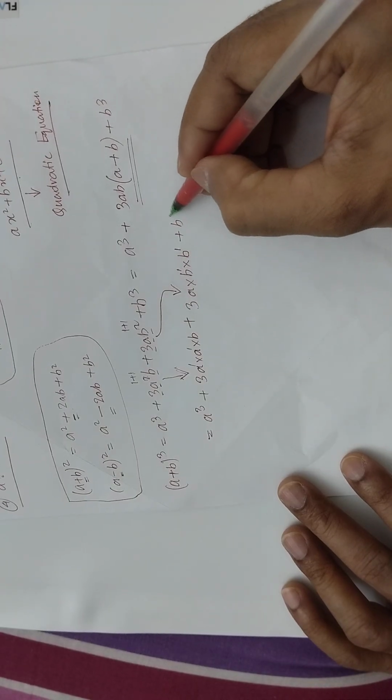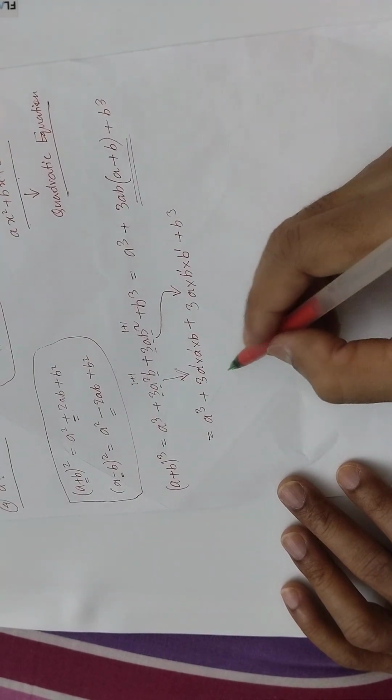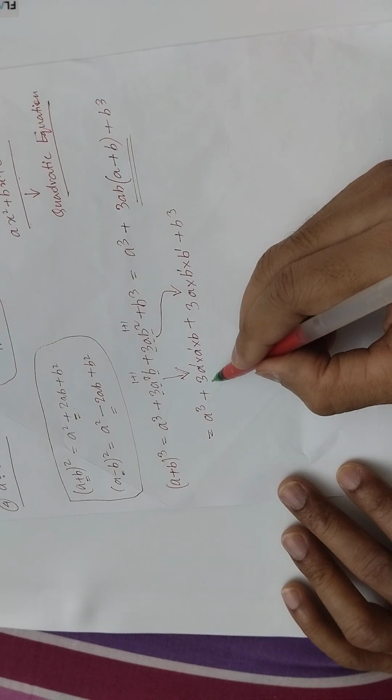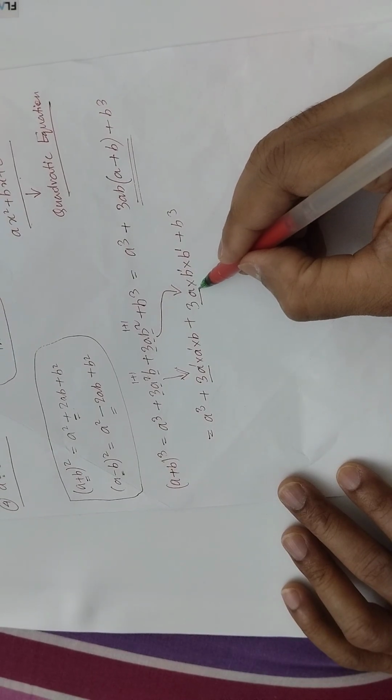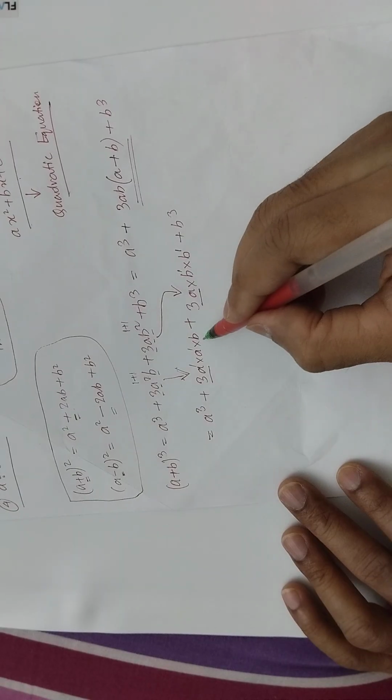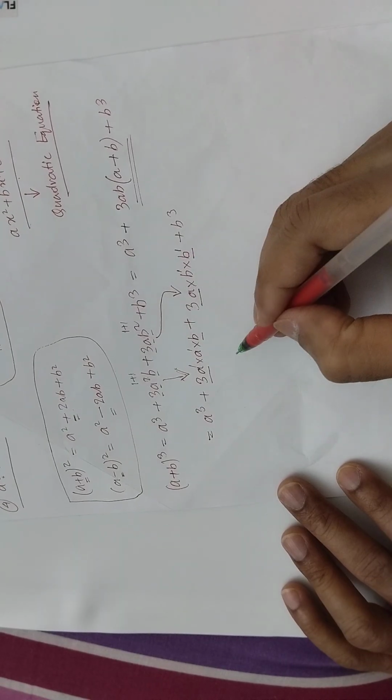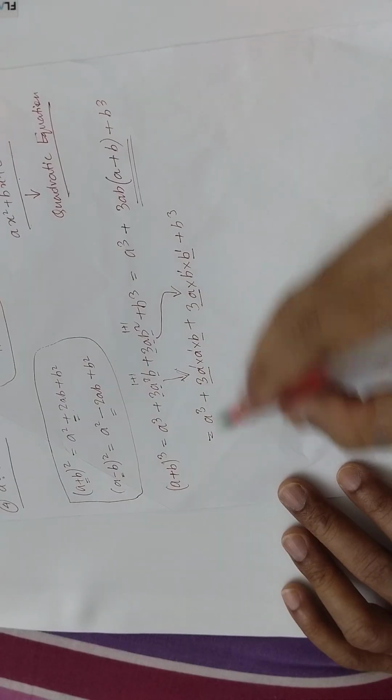And then I write b to the power 3, which again from here I take the common ones like 3a, 3a. It's common in both the terms. 1b, 1b. It's common in both the terms. So what do I get?